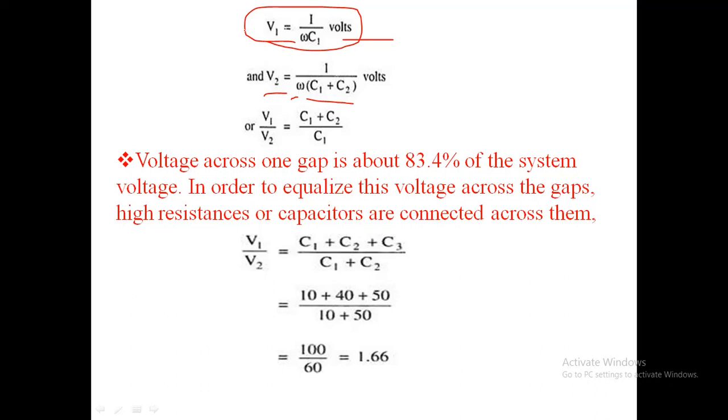Dividing V1 by V2, I will get (C1 plus C2) by C1. The voltage across one gap is 83.4 percent of the system voltage, so in order to equalize the voltage across the gap, high resistance or capacitance are connected.